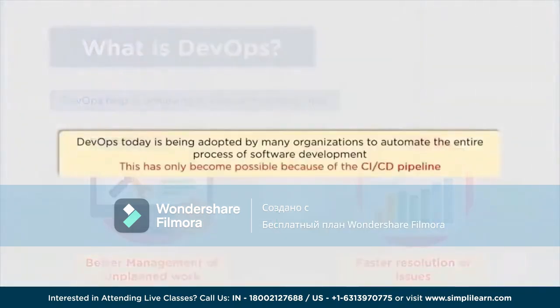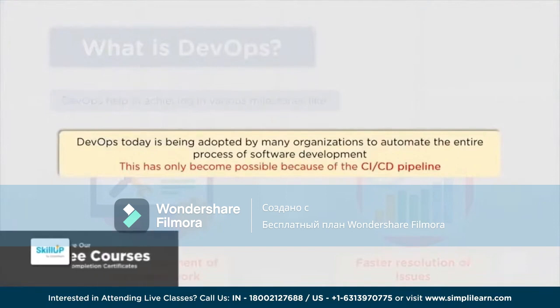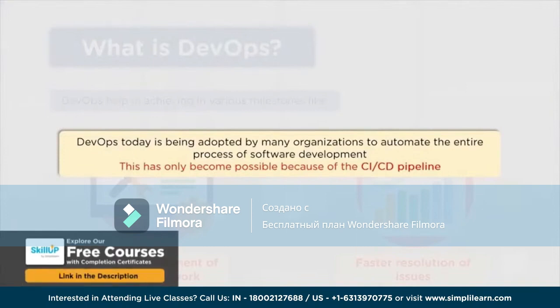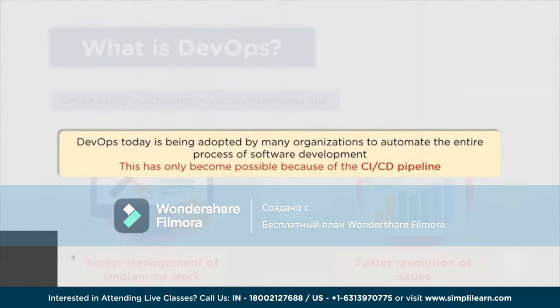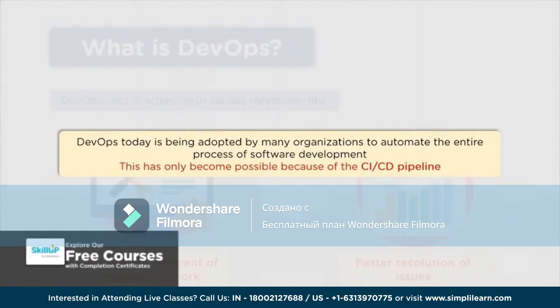DevOps today is being implemented by most of the major organizations, whether it's a financial organization or a service organization. Every organization is looking forward to the implementation and adoption of DevOps, because it totally redefines and automates the whole development process, and whatever manual efforts we were putting in earlier get automated with the help of these tools.